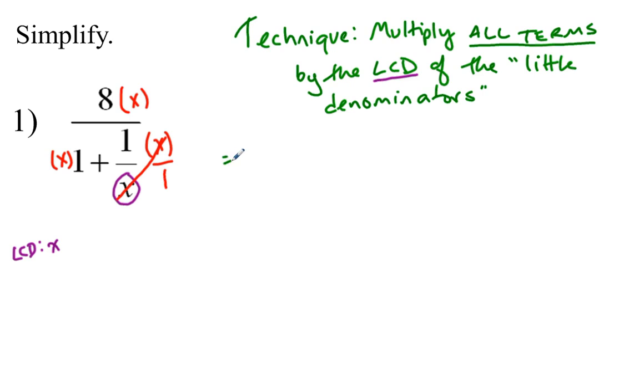Okay, up in the numerator, I've got 8 times x, so I've got an 8x. Here I've got a 1x, and here they all divided out, so I simply have a 1. I don't have nothingness, I just have a 1. So 8x over x plus 1, that cannot be simplified further because I can't factor the denominator. So there's our final answer. It's a simple fraction with no little denominators.